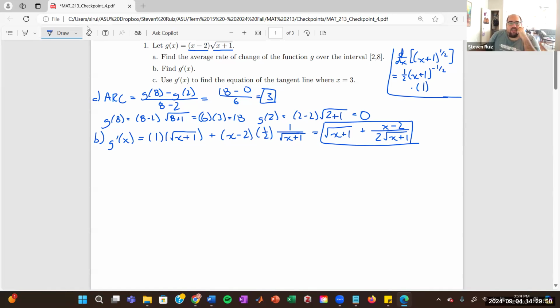All right, now I want to use that derivative to find the equation of the tangent line where x equals 3. So to find the slope of that line, I need to evaluate my derivative at g prime of 3. So g prime of 3 would be equal to the square root of 3 plus 1 plus 3 minus 2 over 2 times the square root of 3 plus 1.